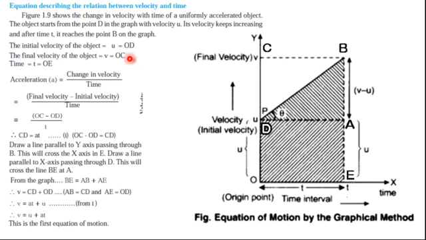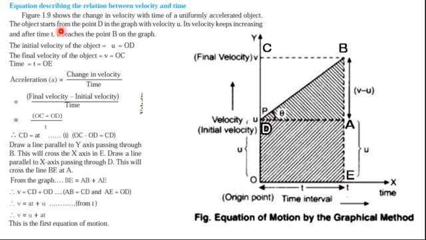Figure 1.9 shows the change in velocity with time of a uniformly accelerated object. Now you can see here the object is moving, and this is accelerated motion with respect to time.